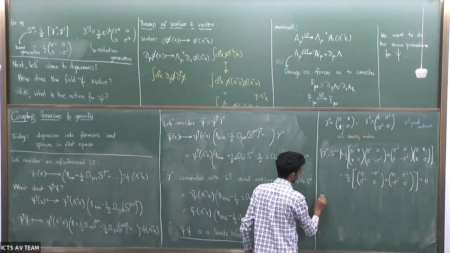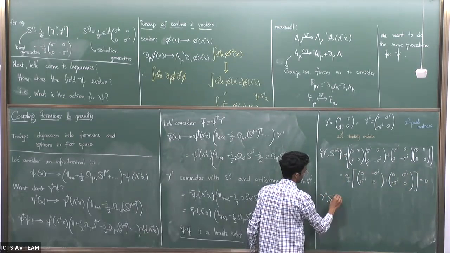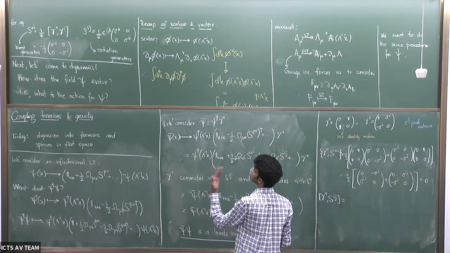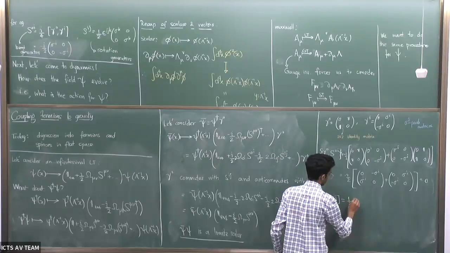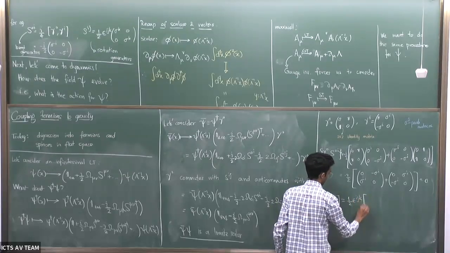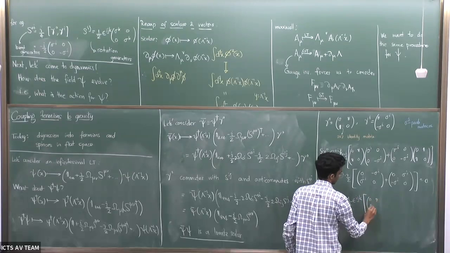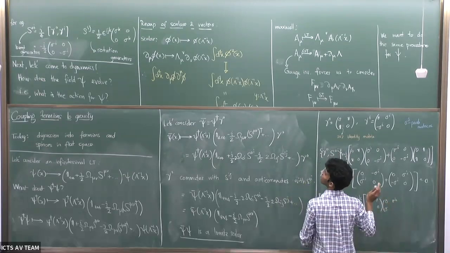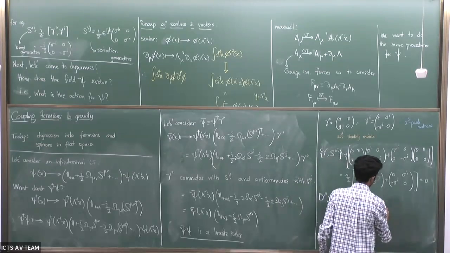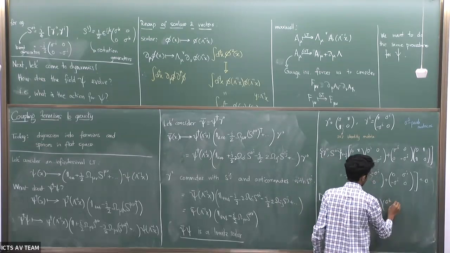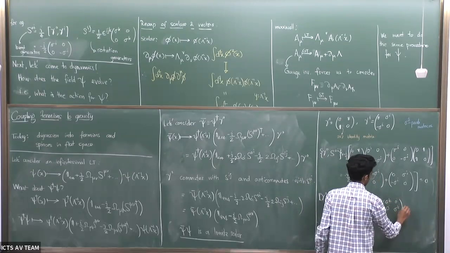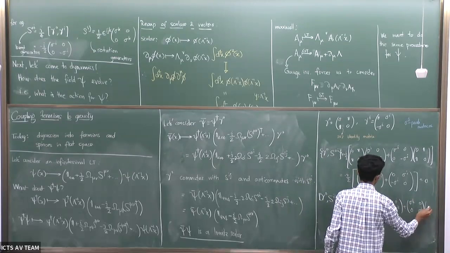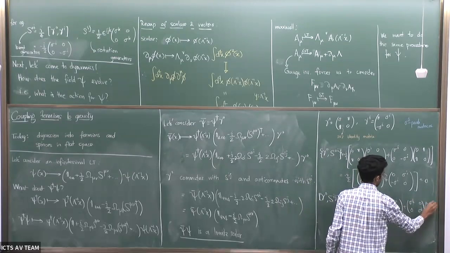And let me prove also that gamma 0 commutes with Sij. Sij has a half epsilon ijk, so I'll pull that outside. And then you have 0 identity, identity 0, 0 sigma k, sorry, yeah, sigma k, 0, 0 sigma k plus sigma k 0, 0 sigma k, 0 identity, identity 0.